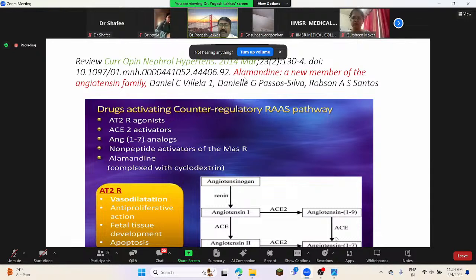Alamandine, a newer member of the angiotensin family, is described in this paper, Current Opinion in Nephrology and Hypertension.